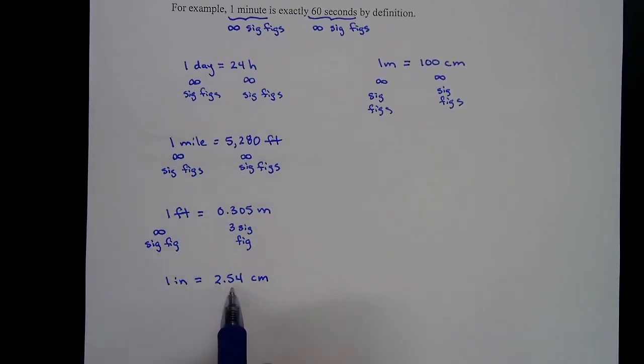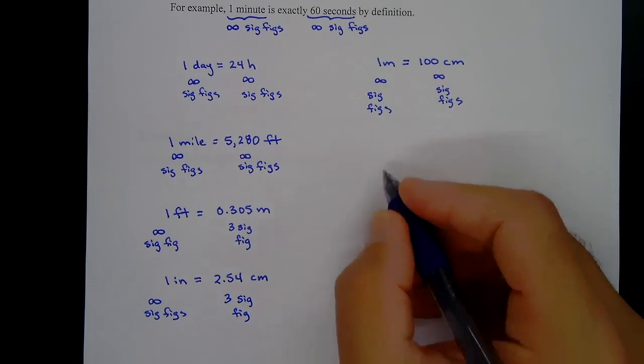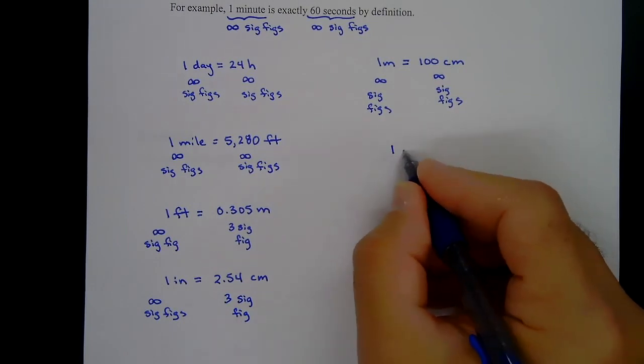So 1 inch, 2.54 centimeters. 1 inch has infinite sig figs. 2.54 has 1, 2, 3, because they're all digits 1 through 9. So we have 3 significant figures on this one.